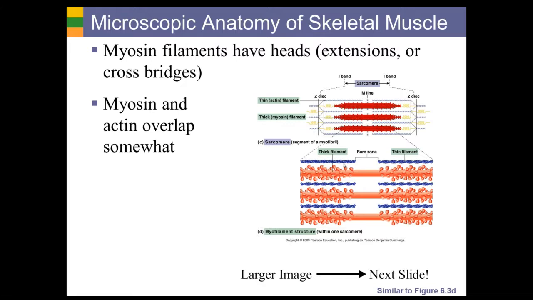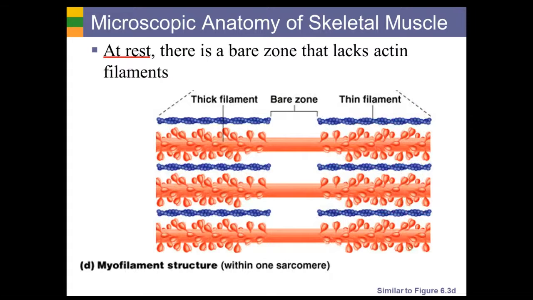In fact, I'm going to go to the next slide because there's a larger image of this. So this is a sarcomere at rest, so it's not contracting. You know it's at rest because we have this bare zone here. Notice that where we have overlap between the myosin filament and the actin filament, we have these heads. Sometimes they're also referred to as cross bridges.